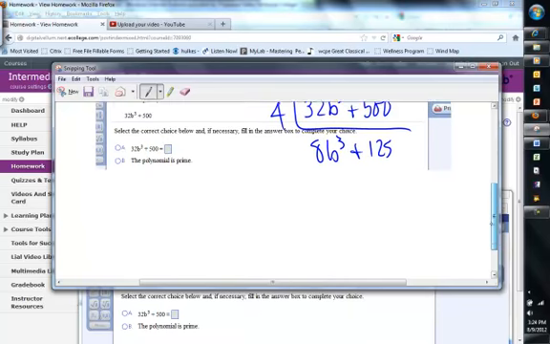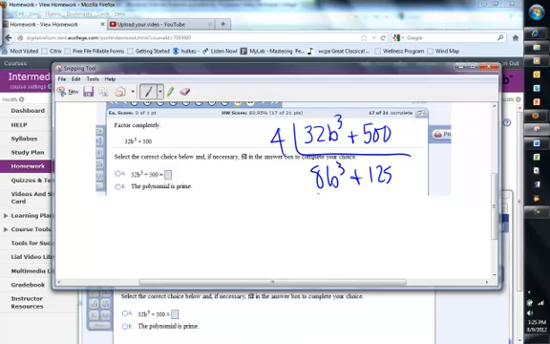Now it's a sum of two cubes. The first term is 2b plus 5, that's the cube root of each one. Square the 2b is 4b squared. Square the 5 is 25. And the middle term is minus 10b.